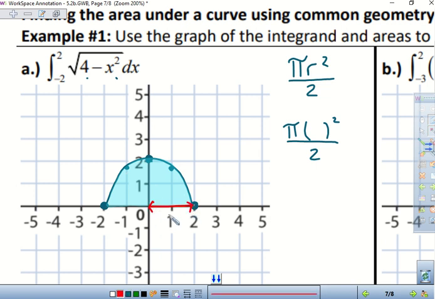Everybody see why this is the radius? You could also find the radius because it's always the square root of this number in the formula. Either way is fine. So that's pi times 2 squared over 2, which is 2 pi.